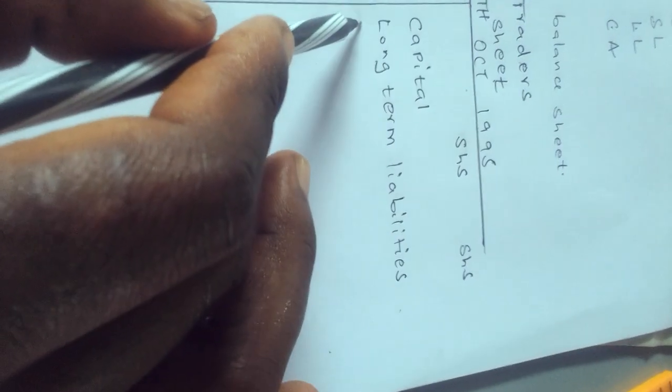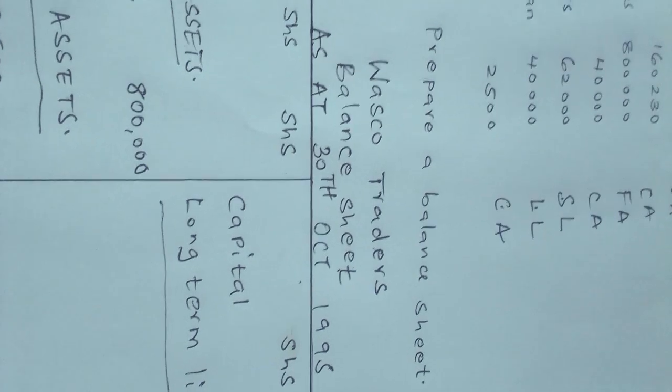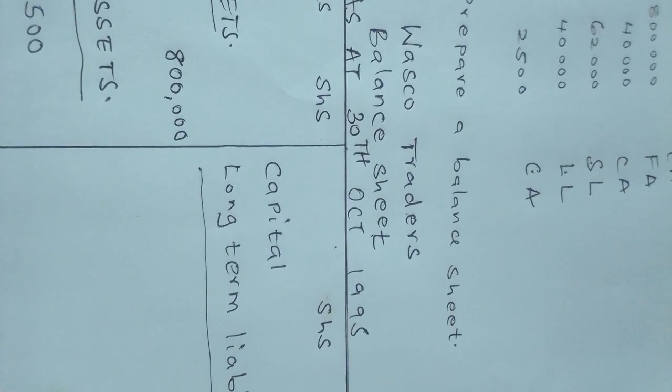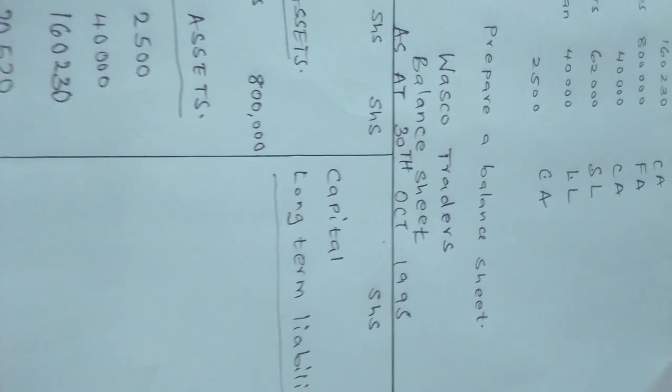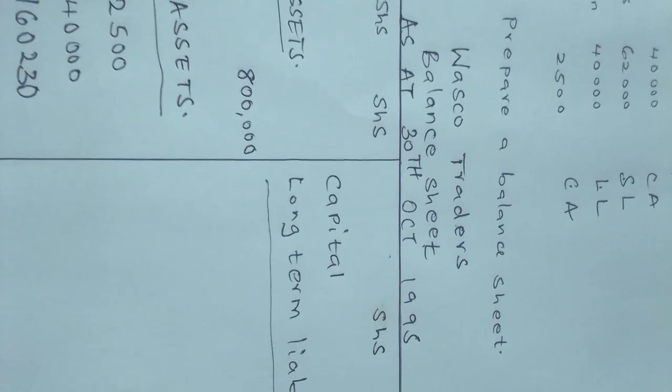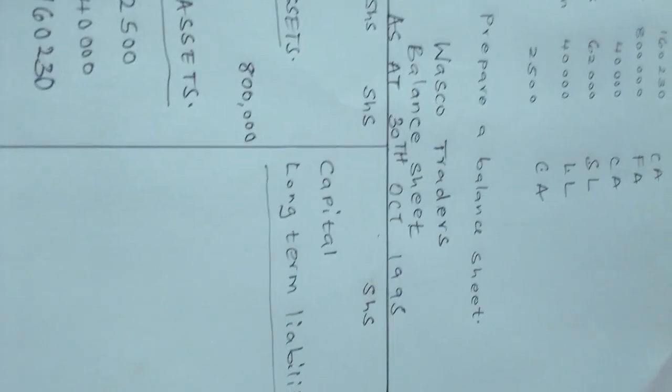You put a line. The short-term liabilities here, we only have creditors. And because that is the only liability that we have, you write its value here, and the creditors is 62,000.